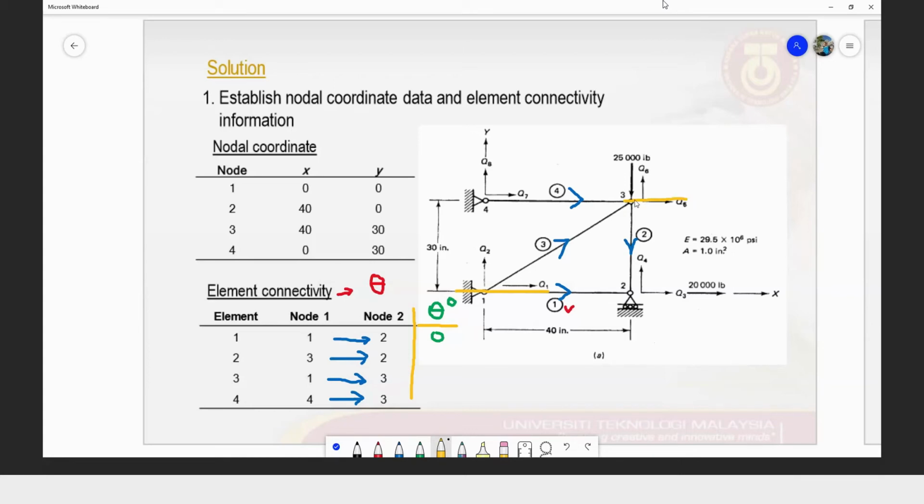All right, from 3 to 2, it is moving from this axis until it reaches element number 2. So how much is the angle here? 270, right? 270.